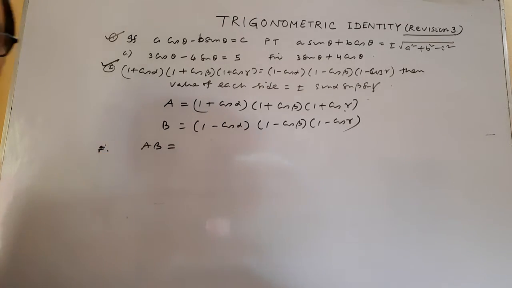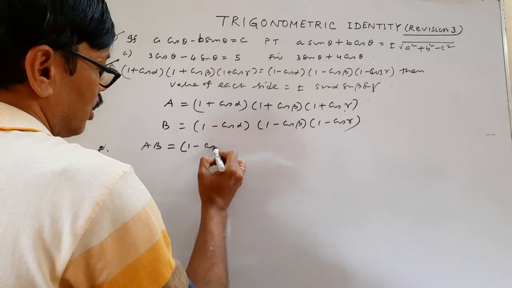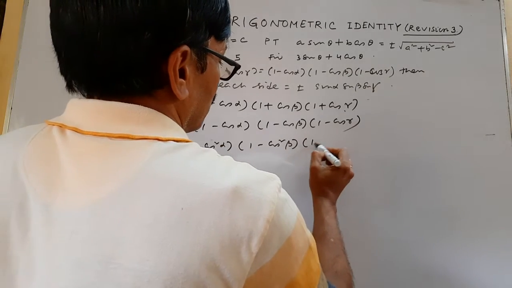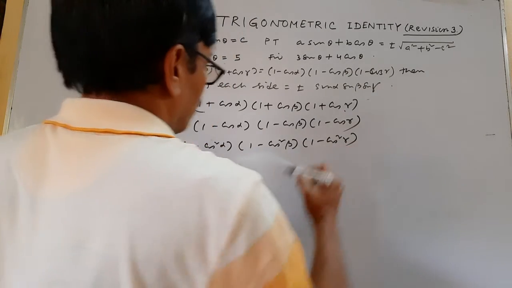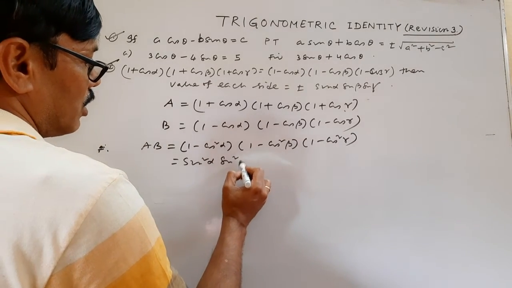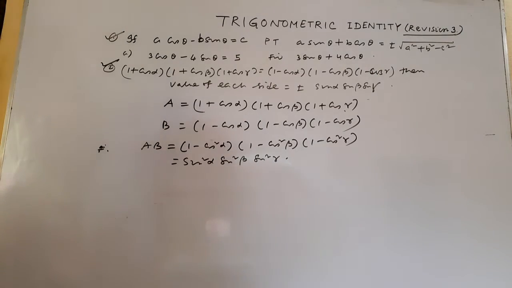Therefore, AB equals (1 plus cos)(1 minus cos), which is 1 minus cos square alpha, 1 minus cos square beta, 1 minus cos square gamma. So this is sin square alpha, sin square beta, sin square gamma.